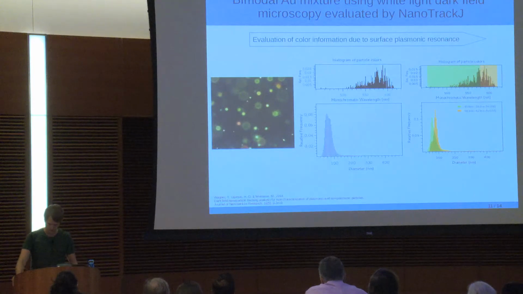Therefore we use the built-in color filter to analyze the green to yellow nanoparticles. And this identifies the two different nanoparticle populations whose modal values are exactly centered at 60 and 80 nanometers.